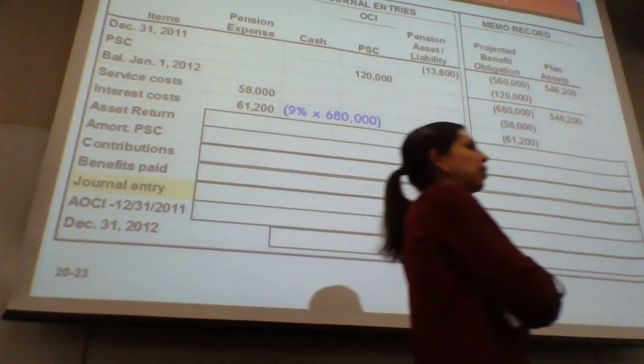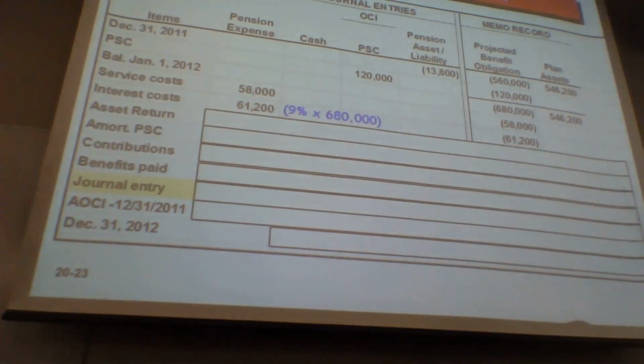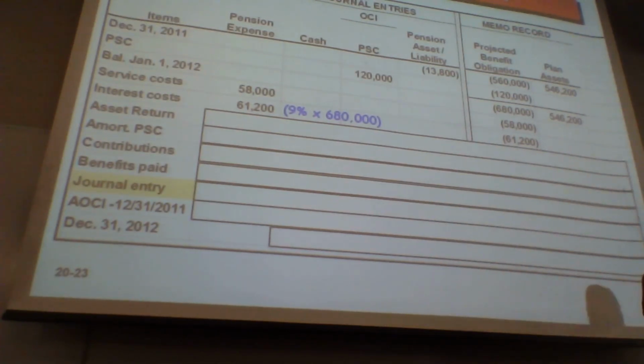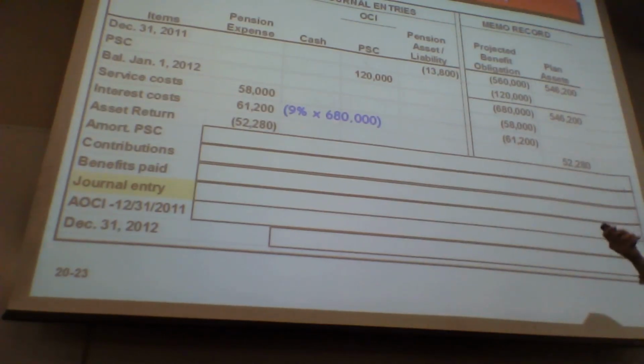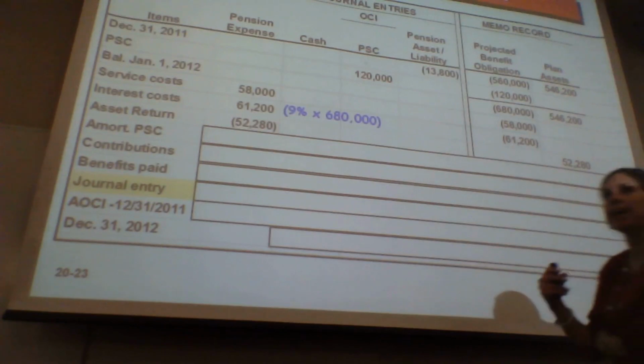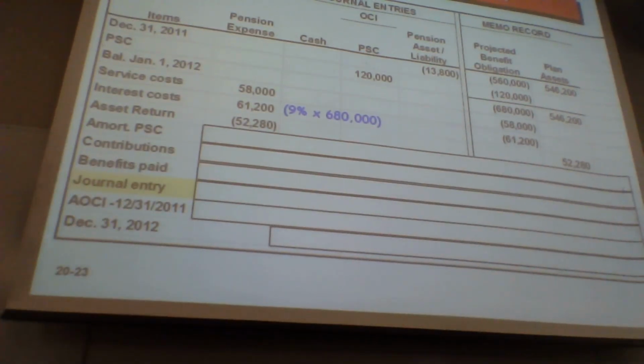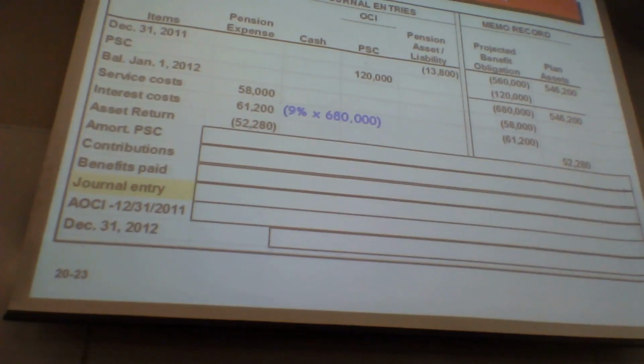As a debit or as a credit to pension expense? Credit, right? It's going to reduce pension expense, and then what's the other side of that? The plan assets, right? We have a return on our assets, so it reduces the amount of pension expense, but we want to show an increase to the value of our plan assets. Okay, so that is the return on plan assets component.